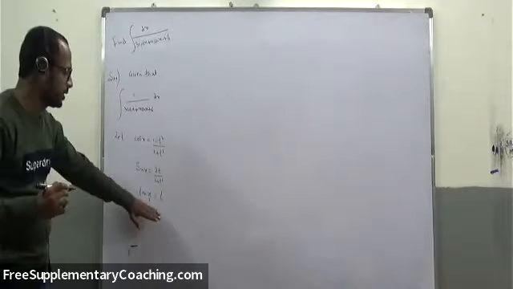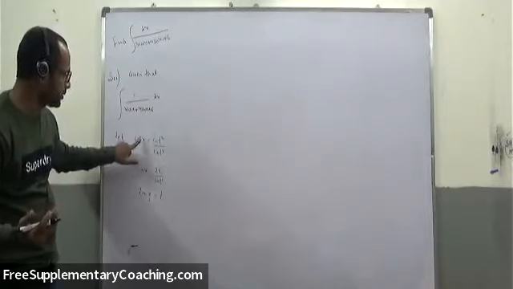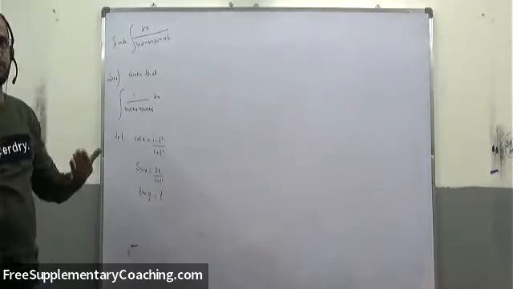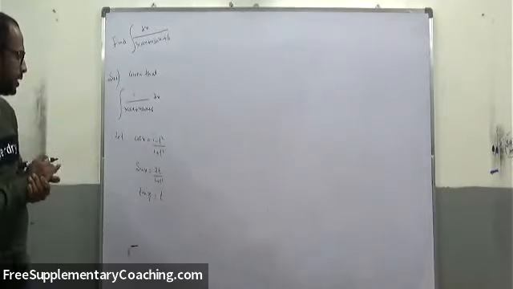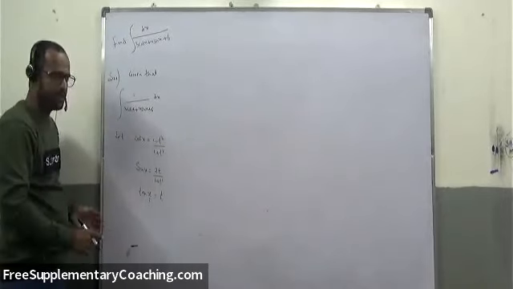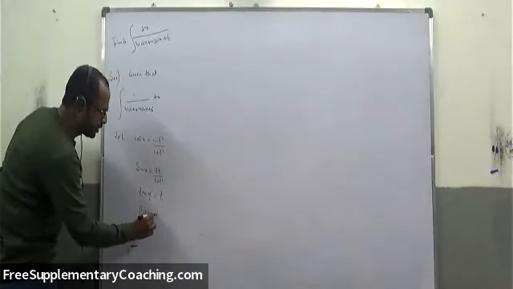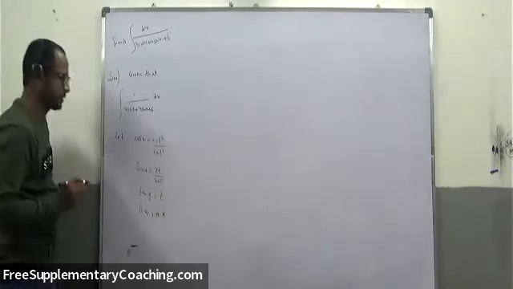From here, we have to find dx and dt also. These are the substitutions that you have to remember. So now I have tan x by 2 is equal to t. Just differentiate with respect to x.